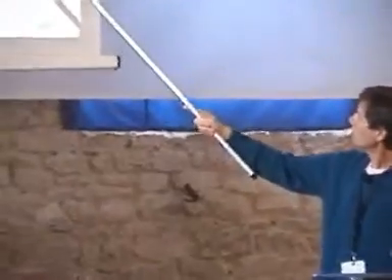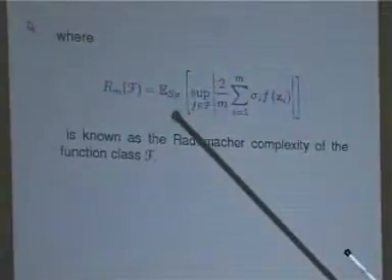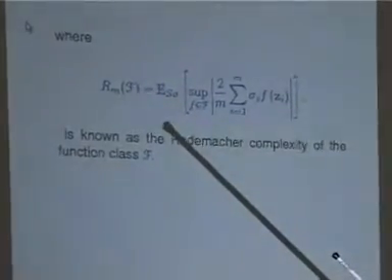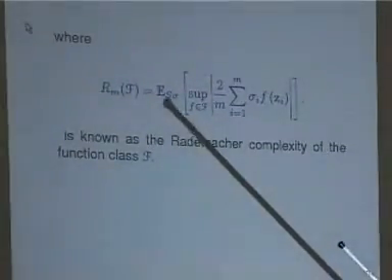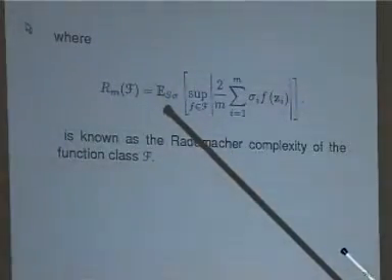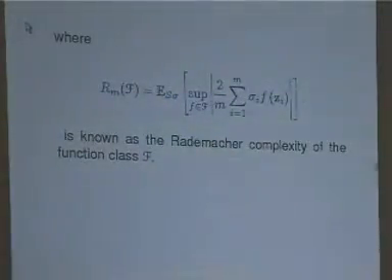And then you're saying, what is the expectation of that over the choice of that random noise, and then furthermore over the choice of the sample? Now that actually is a pretty good measure of complexity if you think about it. A function class that can align well with random noise is obviously pretty flexible.